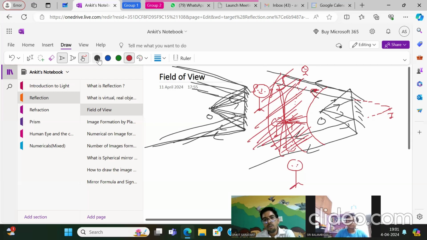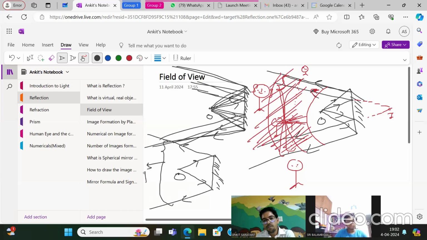Yes, sir. So always remember, if anyone is asking what is the field of view of this plane mirror, then always from the object, draw one ray that is striking the end of the mirror like this. Then in between these two reflected rays, all the reflected rays will be present.